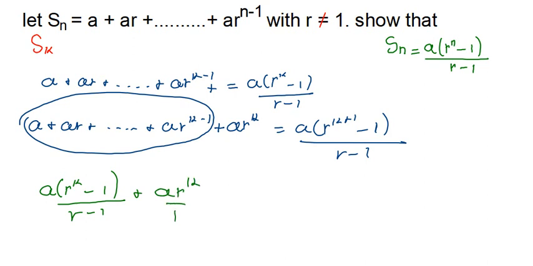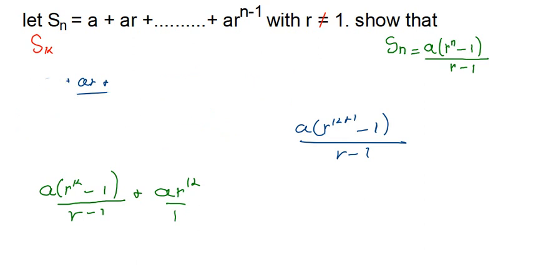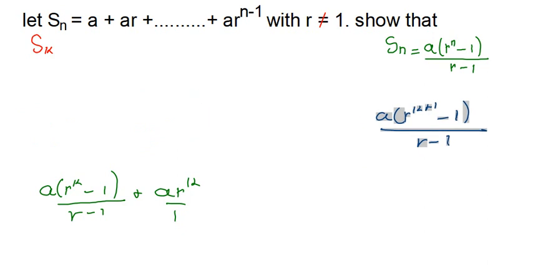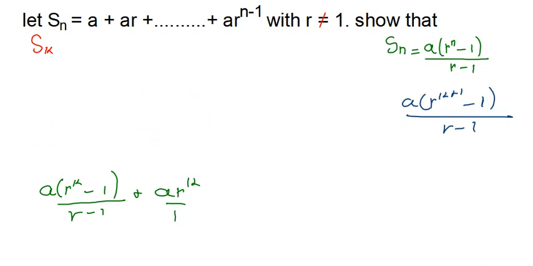Okay, we have a 1 there, so I'll have to shift this a bit. We'll need it for reference purposes. Our common denominator in this case is r minus 1. Meaning this side, we have a, r to the power k minus 1. Then this side we're going to have plus ar to the power k open bracket r minus 1.